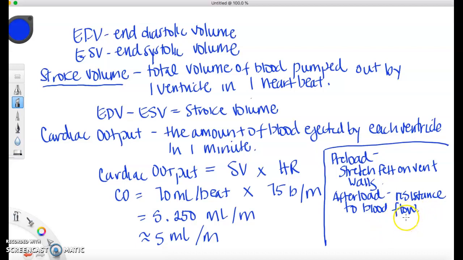If you have stenosis in the valve, or something like that, that will increase resistance and make it harder for the ventricles to pump that blood through those valves into those arteries, and it will decrease cardiac output. So increased stretch, increased preload will increase cardiac output, and too much resistance or afterload will decrease it.